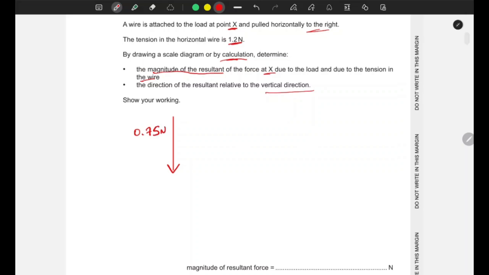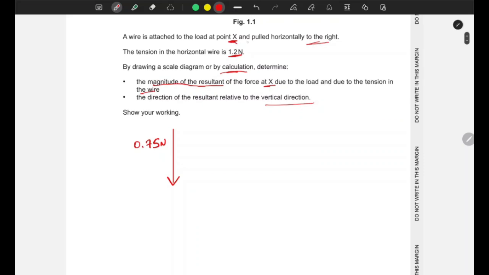They told us that at point X the load is pulled horizontally to the right, so we have a force to the right. Let me just redraw that. That force is 1.2 newtons, and we're supposed to find the resultant force, which is going to be facing bottom right.